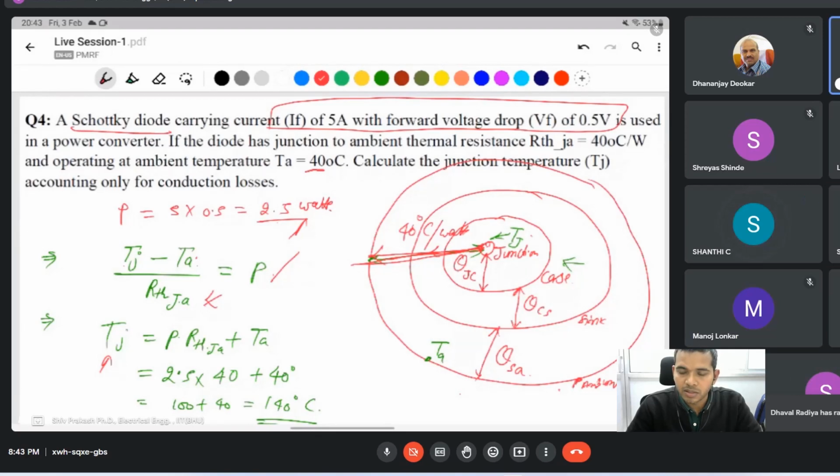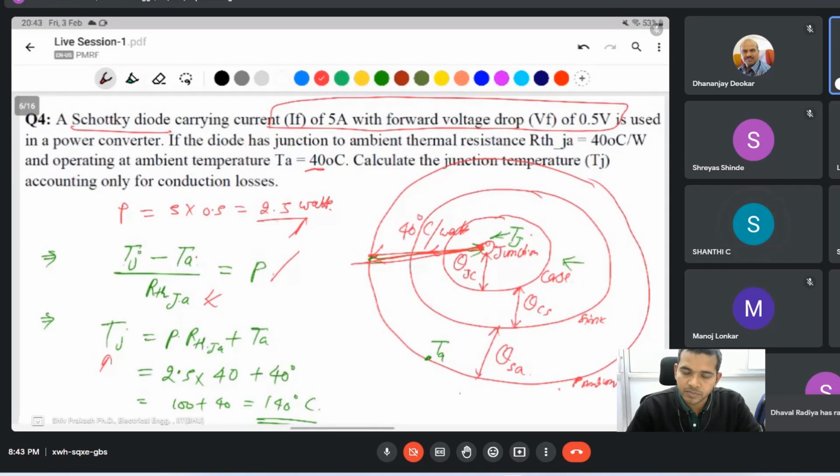Okay, sir. And for different regions we will have different ambient temperatures, right? In Arab countries there will be 60 degrees Celsius or something more, 50, 55. In some other continents it will be slightly less. So for different ambient temperatures will we have different diodes?